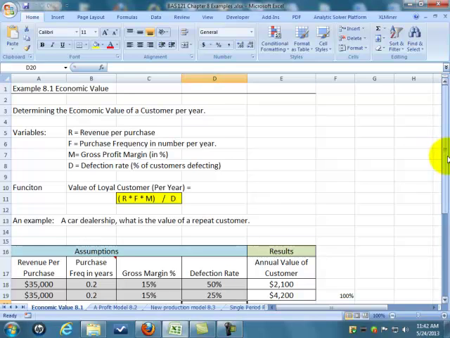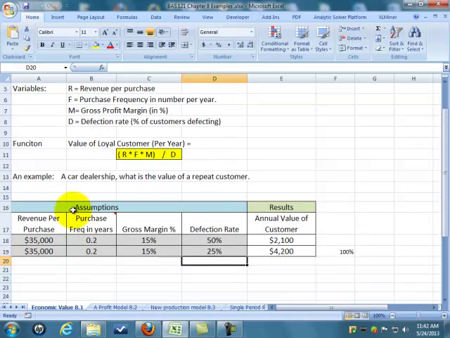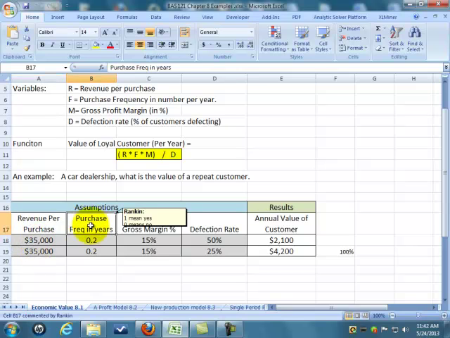So what we've done down here is we've listed our assumptions, and we've said assume, to keep the model relatively flexible, revenue per purchase they said was 35,000. Now here I'm using an example of an auto dealership.